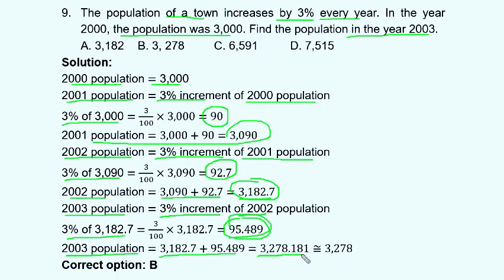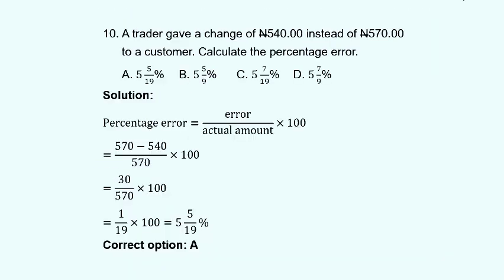To the nearest whole number, the population of the year 2003 is 3,278. That is option B.